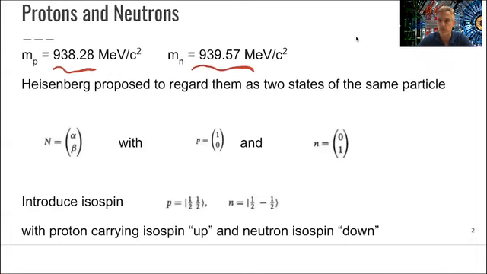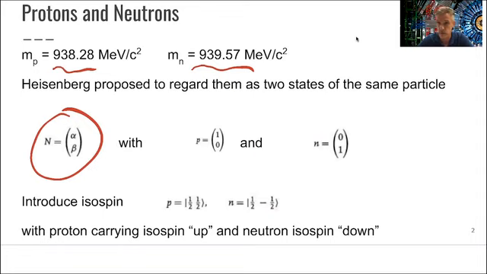So Heisenberg proposed, in the 1930s, to regard them as two states of the same particle. They were so similar that you could think that they are basically the same, just a rotation from one into the other. And that's exactly what he did, considering them as one particle, a nucleon, where the proton is described as an up doublet and the neutron as a down doublet, similar to an up quark and a down quark, an electron and a neutrino later on.